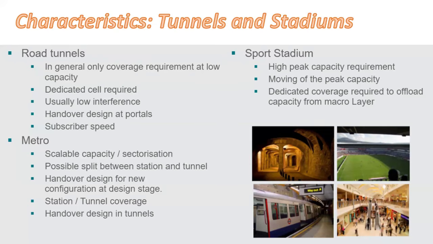Then we have metro tunnels, or underground tunnels. They have similar requirements to road tunnels, but in addition they have a capacity requirement as well, because we may have stations where a large number of people congregate, right? So coverage level plus capacity is important in metro or underground tunnels.